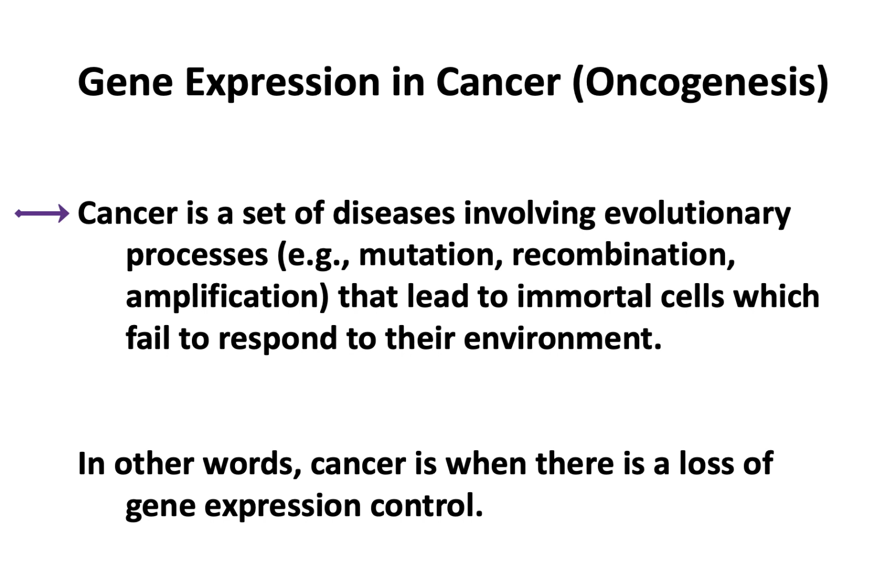And it's really a set of diseases involving evolutionary processes such as mutation, recombination, amplification, that lead to the cells becoming immortal and failing to respond to their environment. So it's really a loss of control of gene expression in that the signals that usually control gene expression are lost.